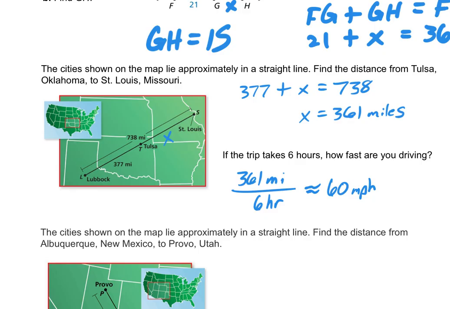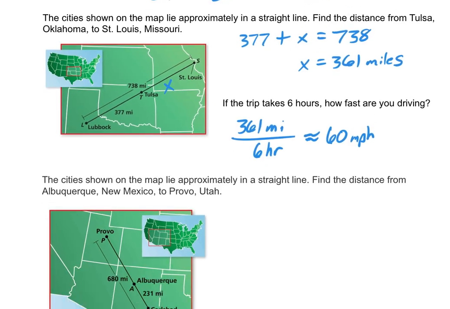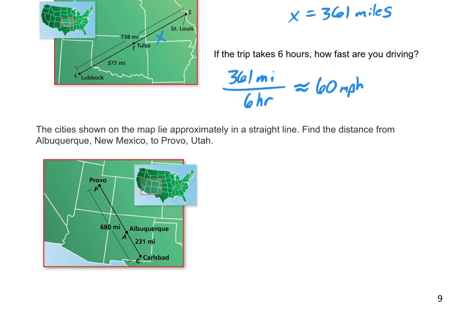If I'm traveling for 6 hours, I don't know about you guys, but I can't travel 6 hours typically without stopping to get something to eat or drink or go to the bathroom or something like that, right? So that's going to go into your average speed, because the total trip took me 6 hours, but right now we're not accounting for stops and other things as well. So it may not sound very fast, but in the big scheme, it's probably pretty accurate.